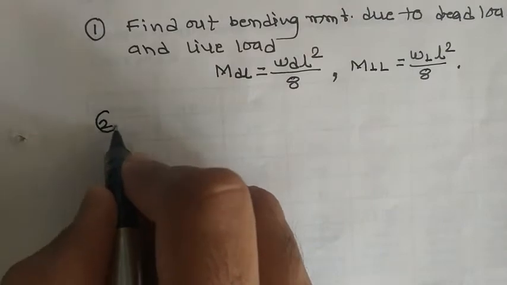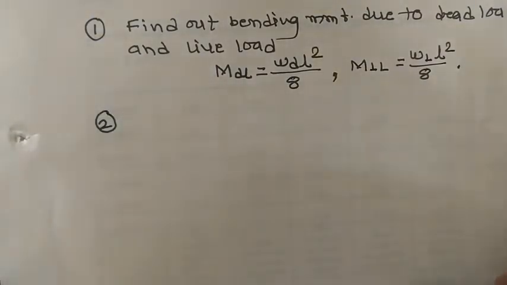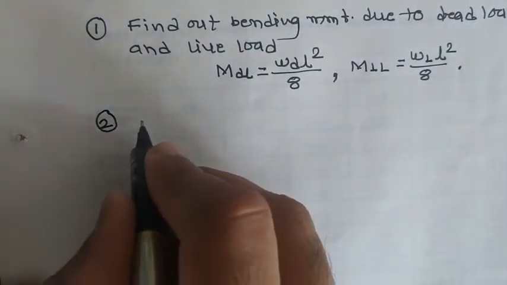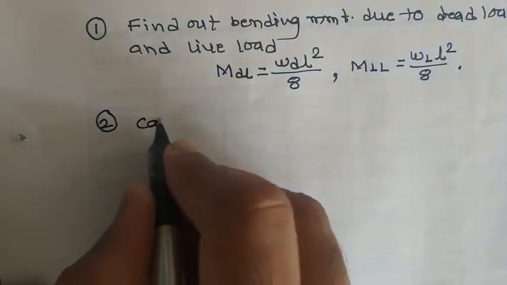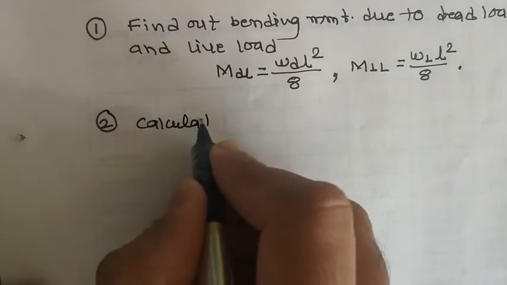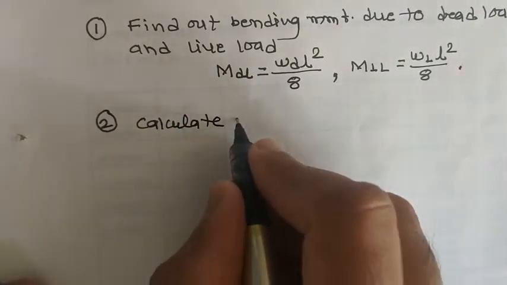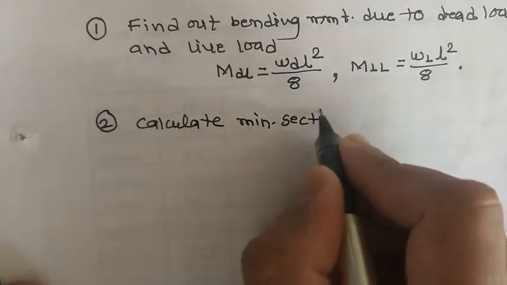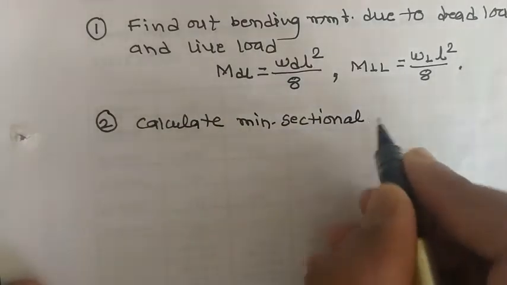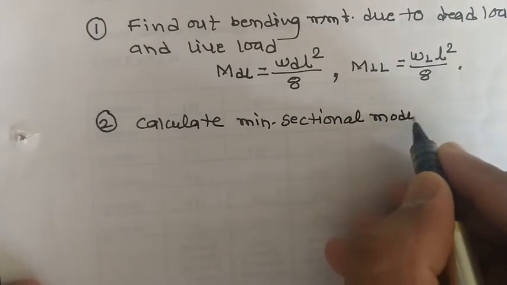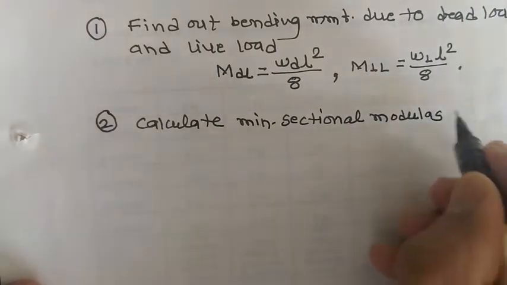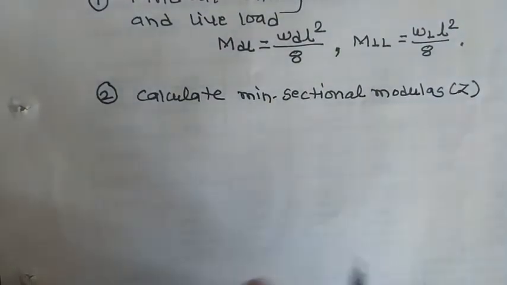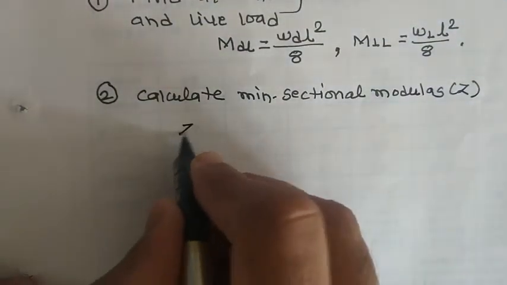Next, you have to find out the minimum sectional modulus. Calculate the numerical value of minimum sectional modulus Z. How is it calculated?